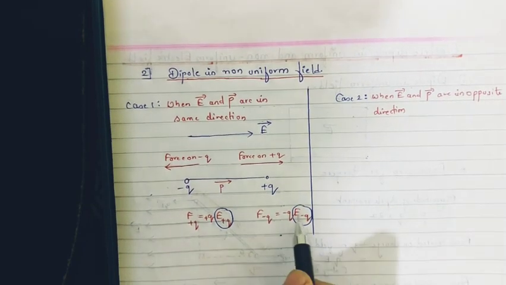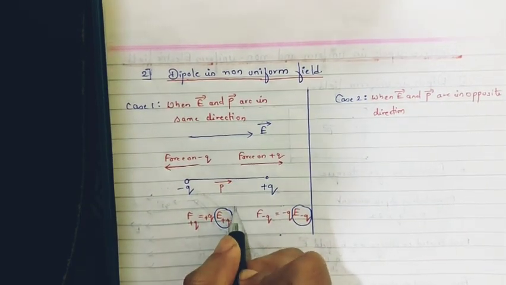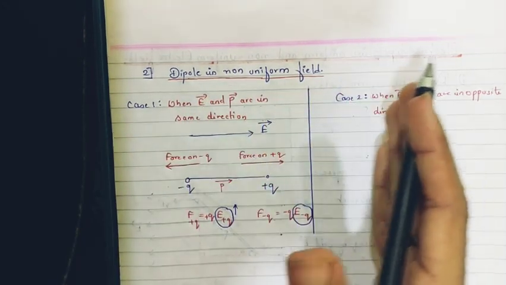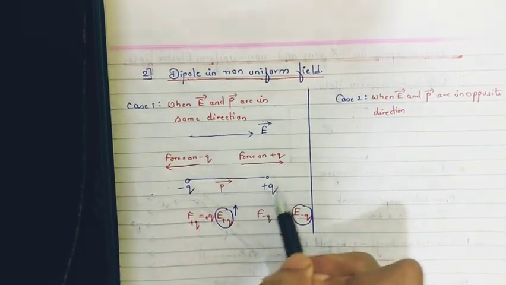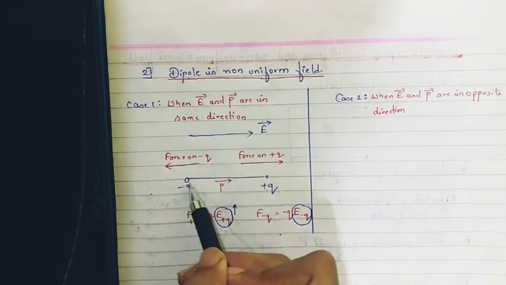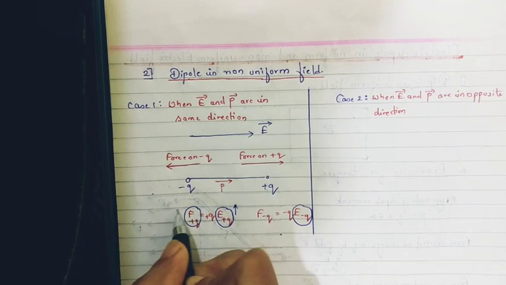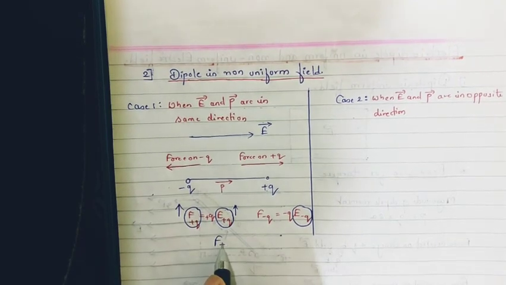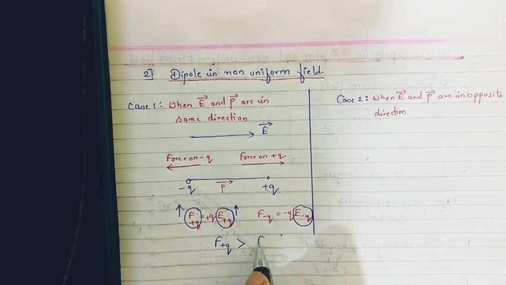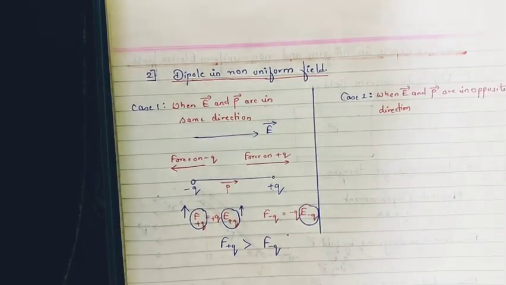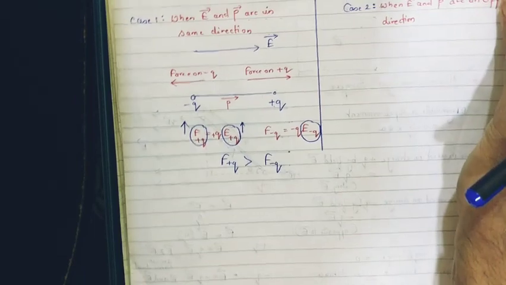And which one is greater out of the two? E at plus Q is greater, because I said that the electric field is increasing in this direction, correct? So here the electric field is higher at plus Q and the electric field at minus Q is lower. So obviously the force on plus Q will be higher, that is F of plus Q is going to be higher than F of minus Q, the force acting on minus Q. So what is going to be the direction of the net force?